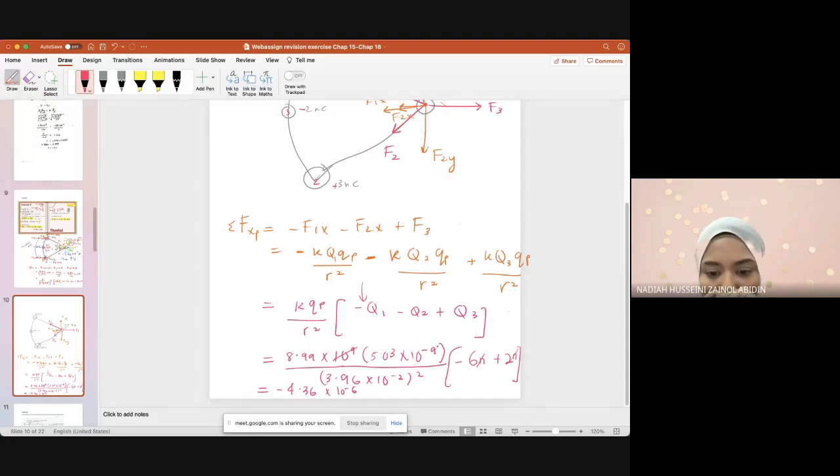And then I'm left with this and divided by 10 to the minus 4. Okay, 8.99 times 5.03, KQQ over R squared. Okay. Times 4 minus 4 divided by 3.96 times 10 to the minus 2.